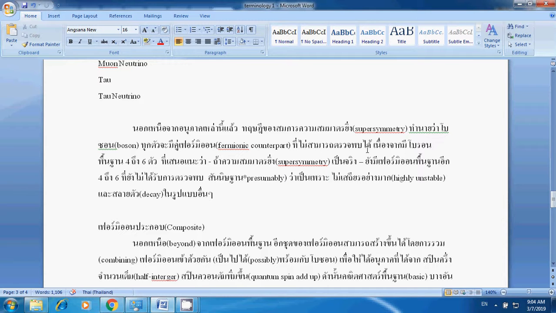Since there are 4 to 6 fundamental bosons, this suggests that if supersymmetry is true, there are still 4 to 6 fundamental fermions that cannot be identified, presumably because they are highly unstable and decay into other forms.